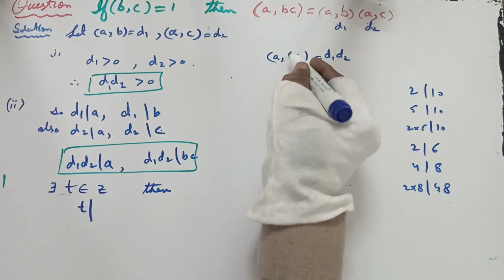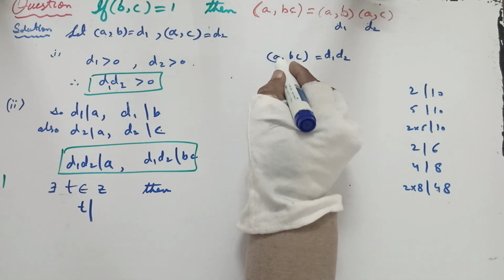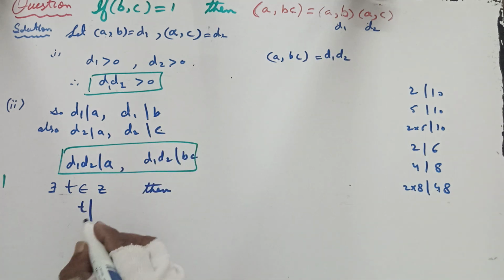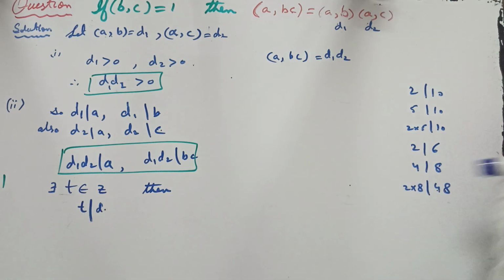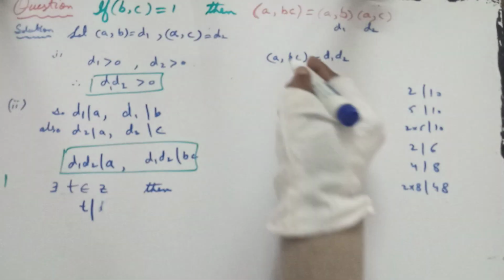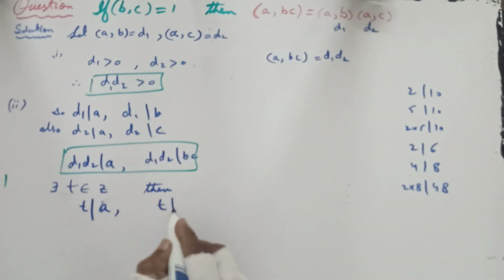So we take a common divisor other than D1 D2, T. So T divides A and T divides BC.